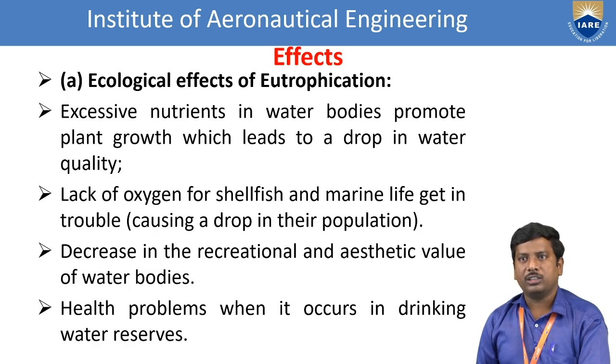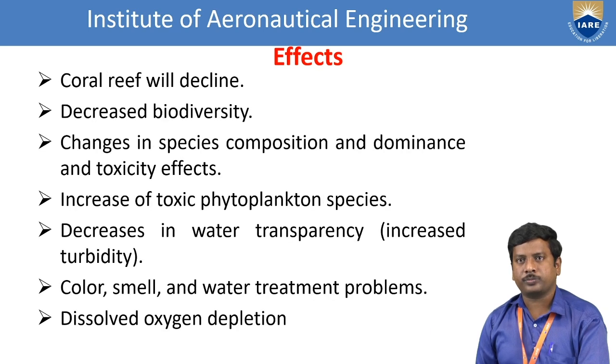First one, ecological effects of eutrophication. Excessive nutrients in water bodies promote plant growth, which leads to a drop in water quality. Lack of oxygen causes trouble for shellfish and marine life, causing a drop in their population. Decrease in the recreational and aesthetic value of water bodies. Health problems when it occurs in drinking water reserves.